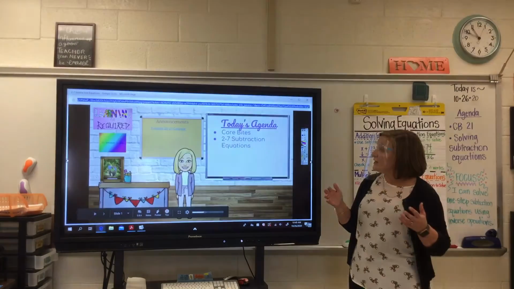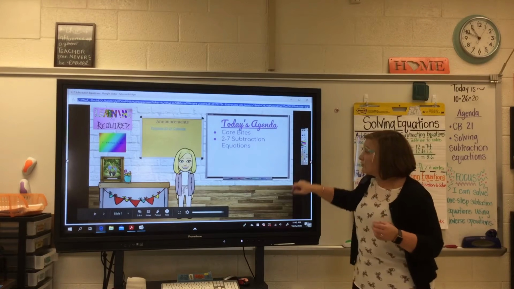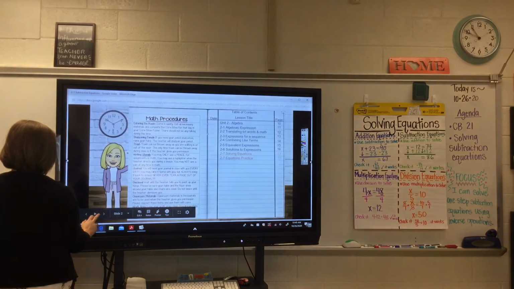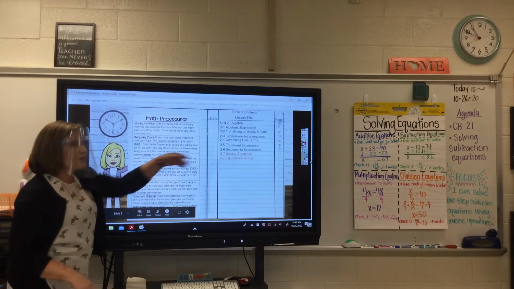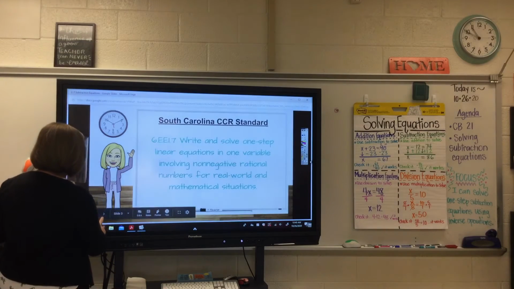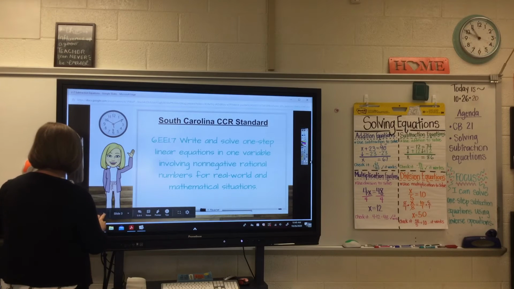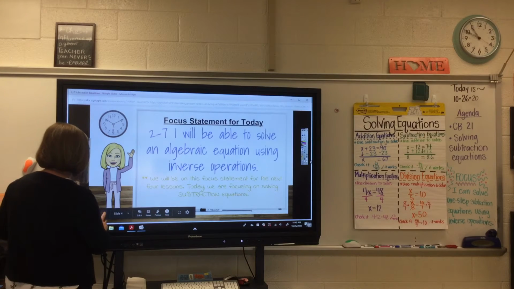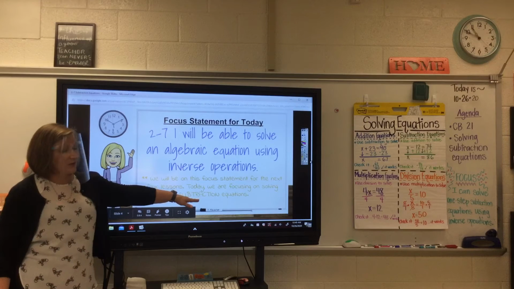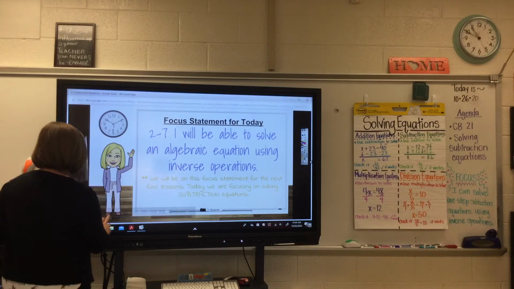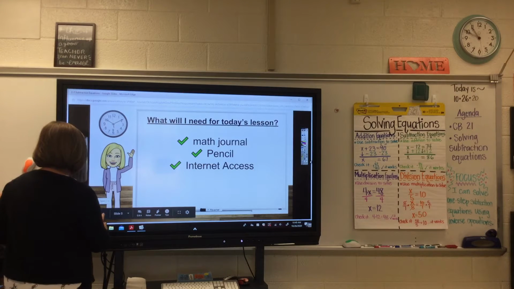All right, we've already written in our table of contents, so you do not have to write in your table of contents. We're still on page 17 and 18, the same indicator and the same focus statement. But today we're going to be focusing on subtraction. What did we do on Thursday?